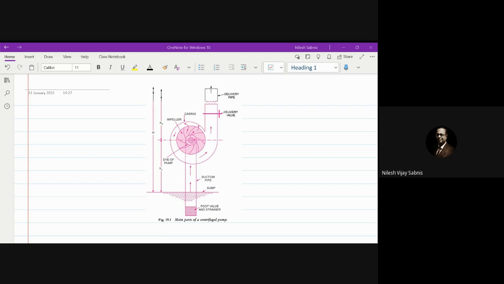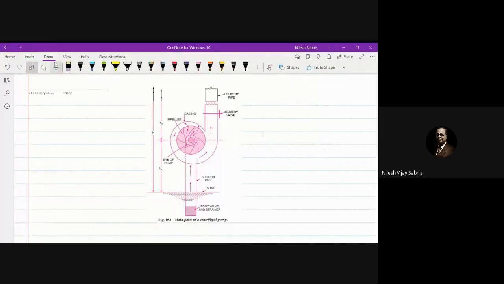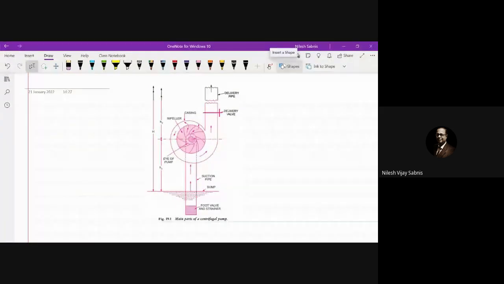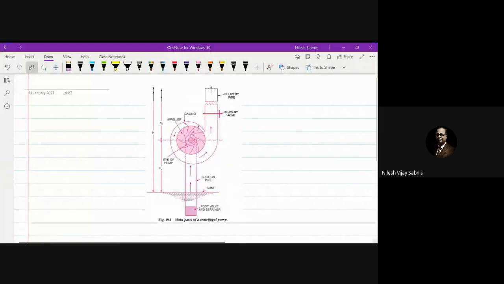So in the diagram you can see. Construction wise, if we go, first component is called as a impeller.